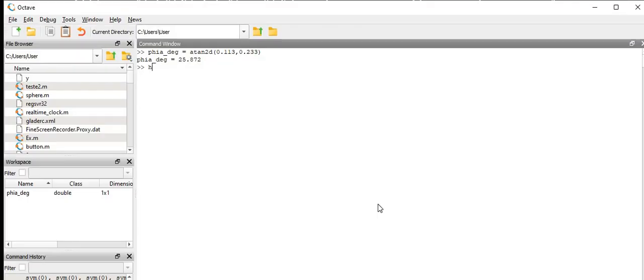Again, we can call this phi A comp in degrees, atan2d of minus 0.113 and minus 0.233.